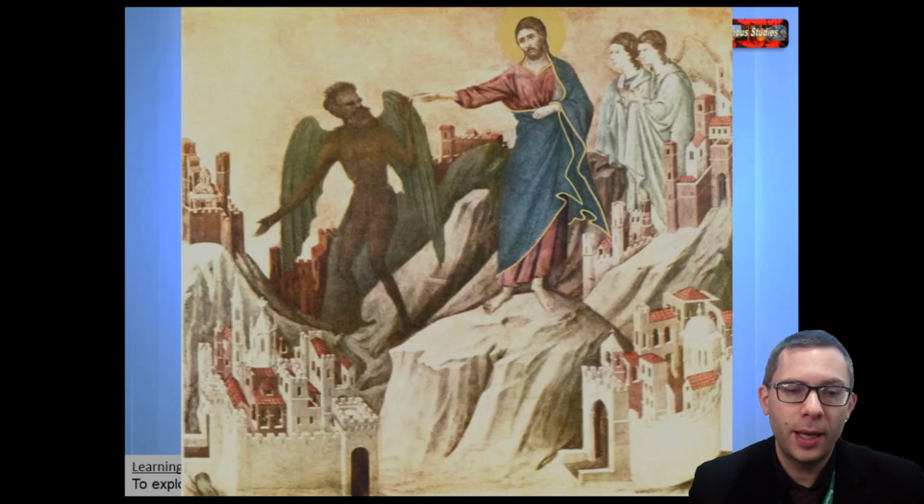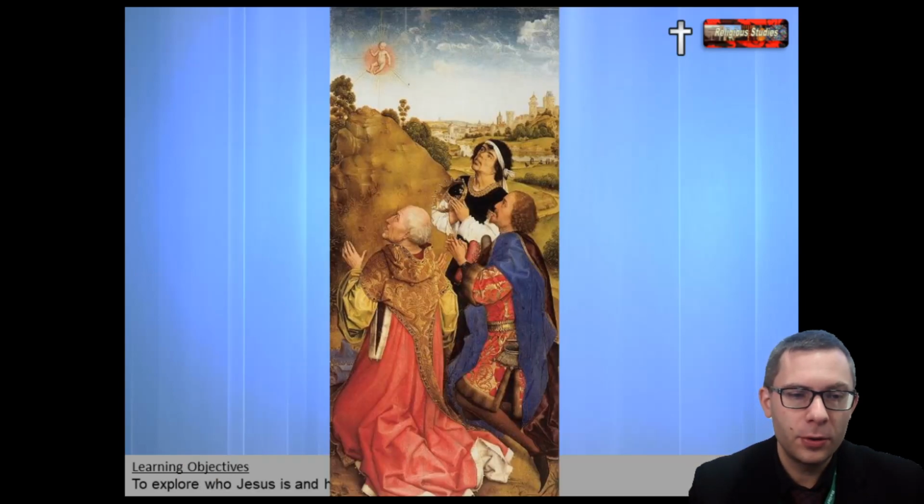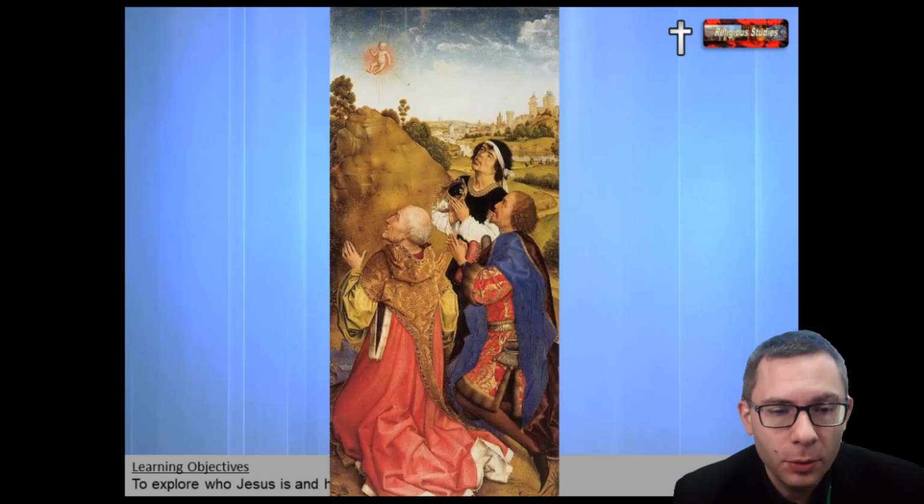Famous piece of artwork here, the Temptations. We've got that one as well. Fascinating again. If you can't see Jesus on that picture, have a really good look. He is there. Yep, some of you have spotted him.